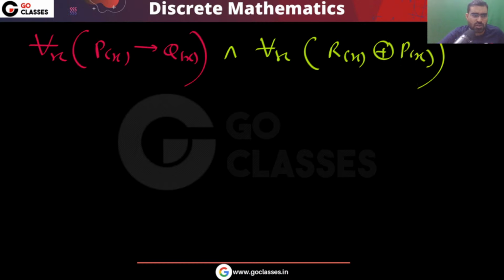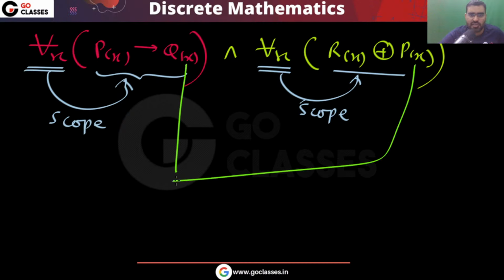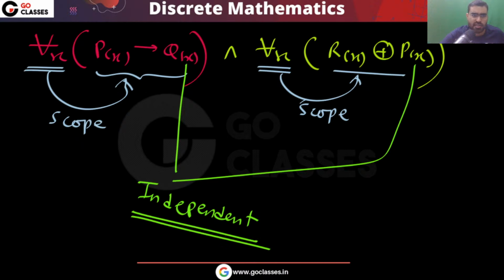Now here you can notice, and this is very important, that for this quantifier only this is the scope, and for this quantifier only this is the scope. So what it means is that this x has nothing to do with this x. This x and this x have nothing to do with each other. They are completely independent.